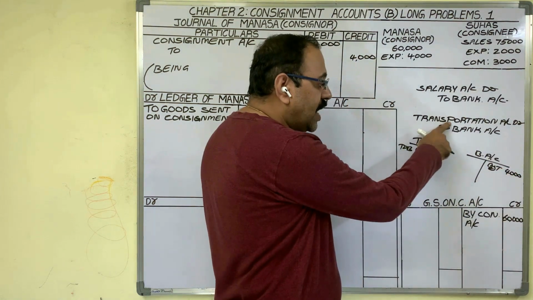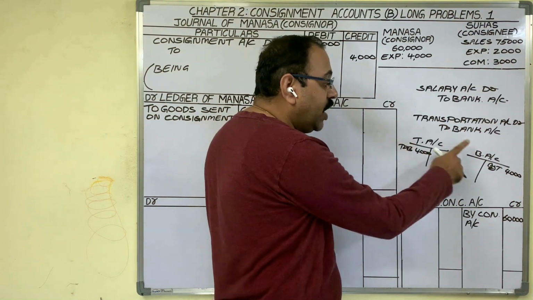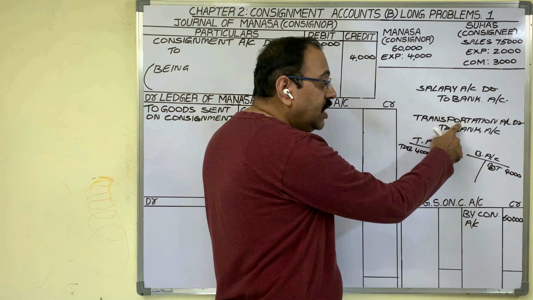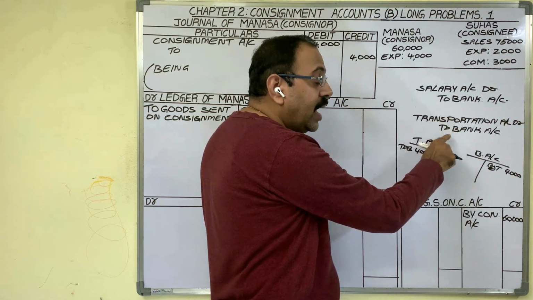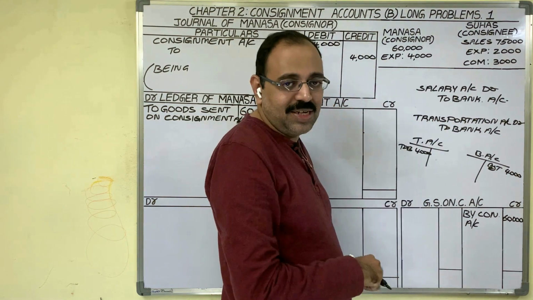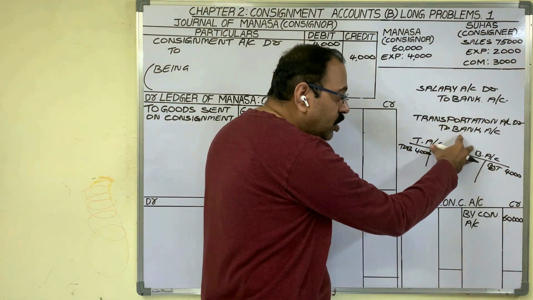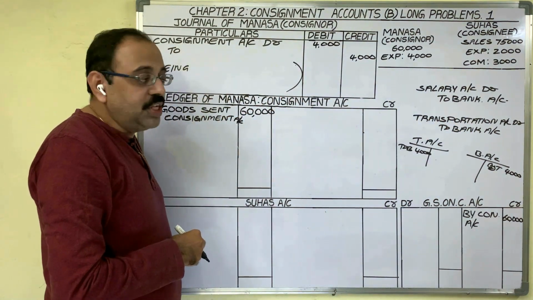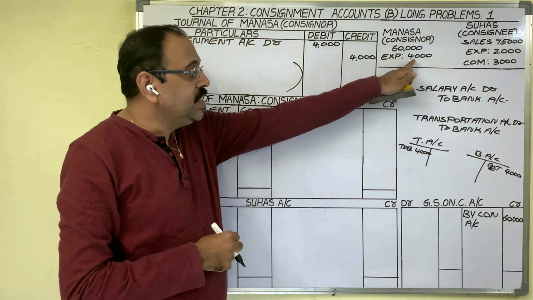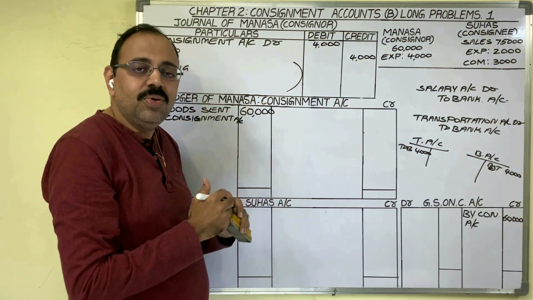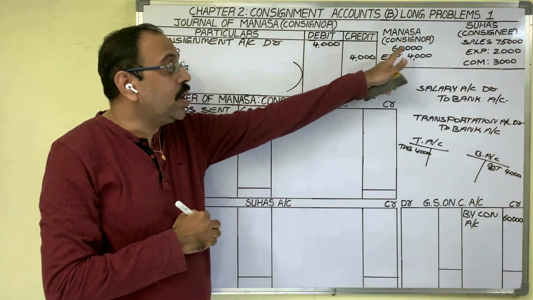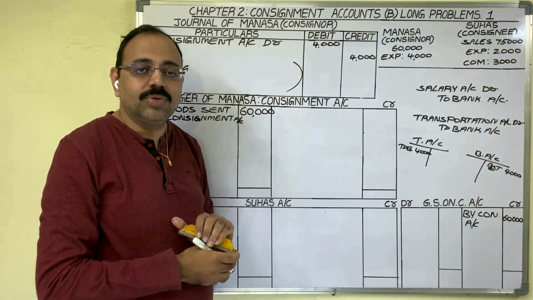If you show this transaction in transportation account and in bank account, then the meaning is you are treating this expenditure as an expenditure of the Hyderabad business. You are not going to show this transportation expenditure in the consignment account. This 4,000 is spent for consignment business now. Therefore, this 4,000 is to be recorded in consignment account.